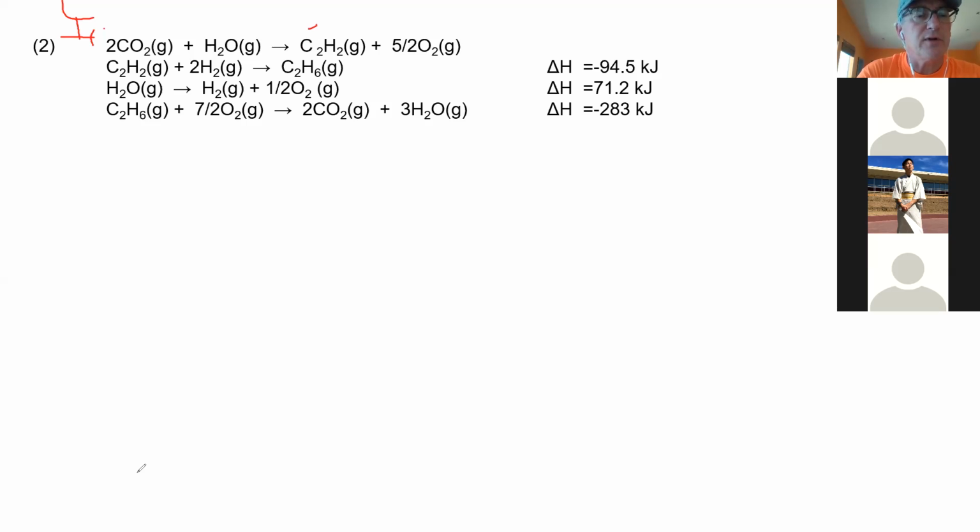And reaction number 3 has water as a reactant, so that looks like that's on the right side. And number 4 gives us oxygen as a reactant, so we're probably going to have to flip that one around. So what do you think? Who wants to take a stab at this one? What should our first step be?